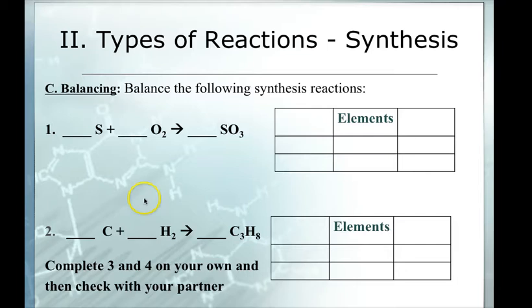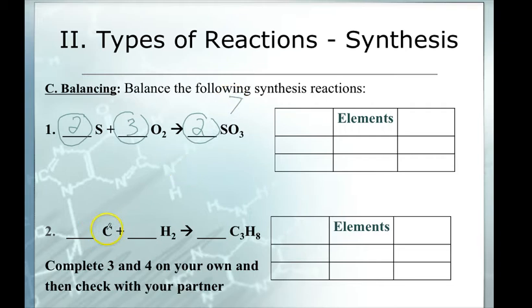Here's a couple more, and just to save some time, I'm not going to go through the whole process of doing the chart. So I'm going to balance it, so I need to put a 3 here, and a 2 here, and a 2 here. And that would give me a total of, for the coefficients, 2 and 3 is 5, and 2 more is 7.